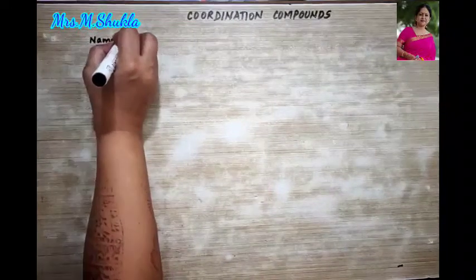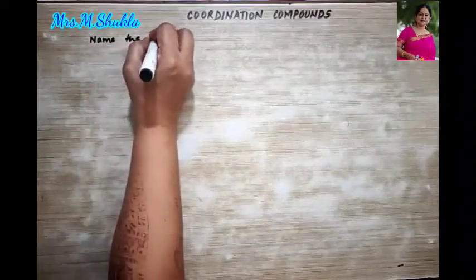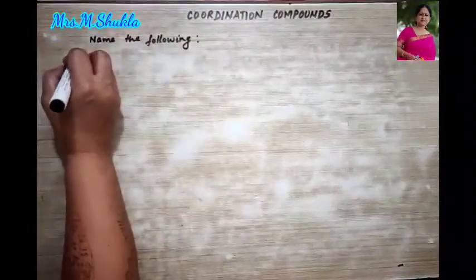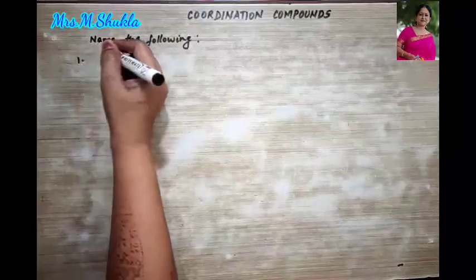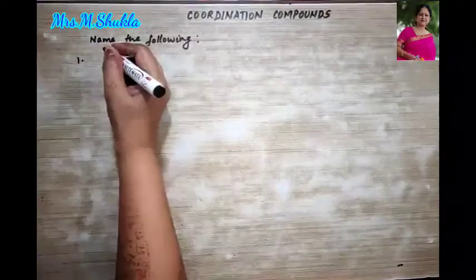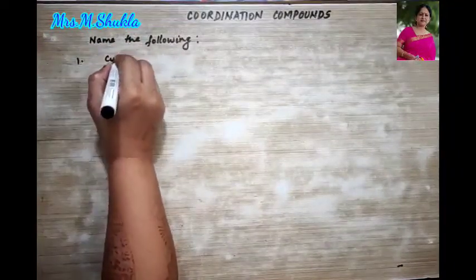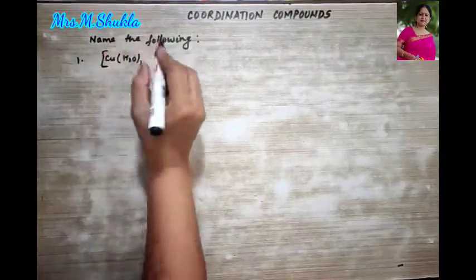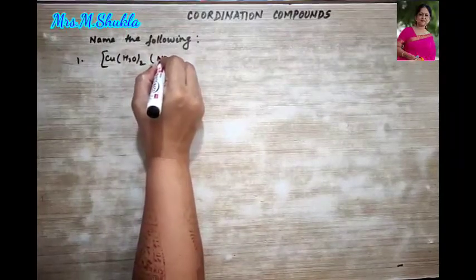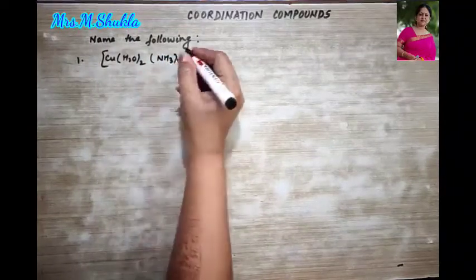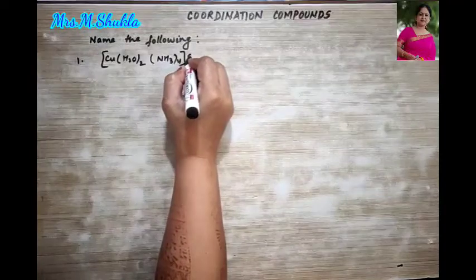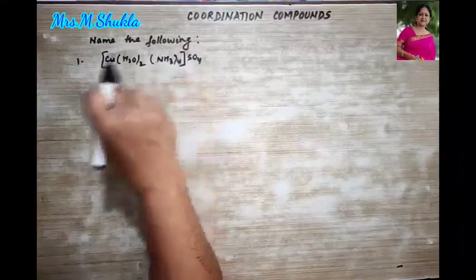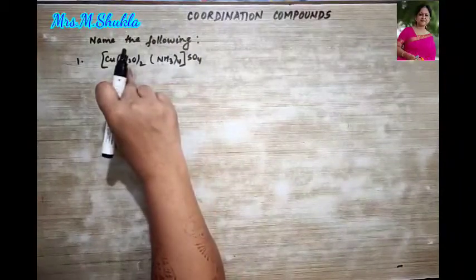Name the following. So the first one could be Cu(H2O)2 whole twice, (NH3)4 SO4. Name this compound. Now ammine is also there and aqua is also there.